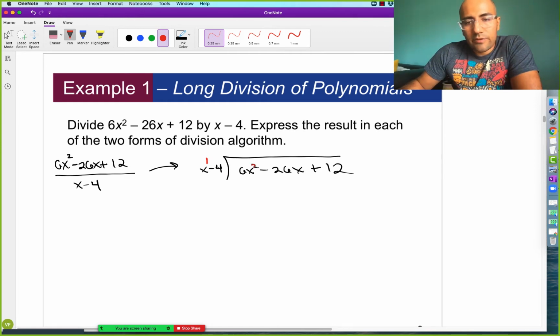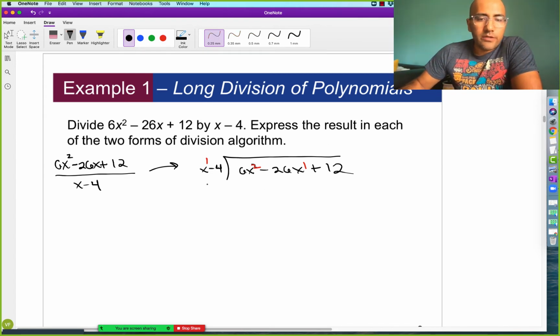Here, the highest degree is a 2, then there's a 1, and then there's no power. So all the powers are represented in descending order. If one of them is missing, we have to insert it, and we do that by inserting it, but also putting a coefficient of 0 in front of it. Okay. So we'll see an example like that soon.